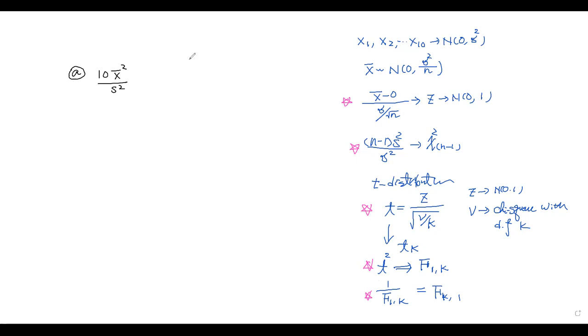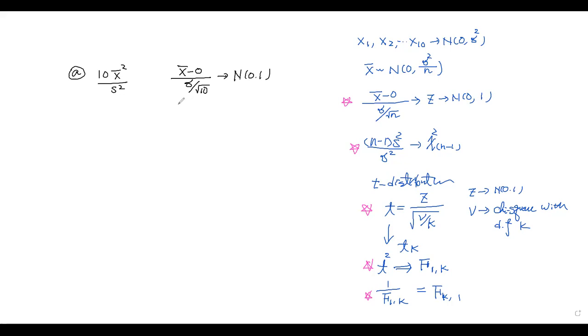So over what? Over 10, right? So this one will be Z, the normal distribution with mean 0 and variance 1.